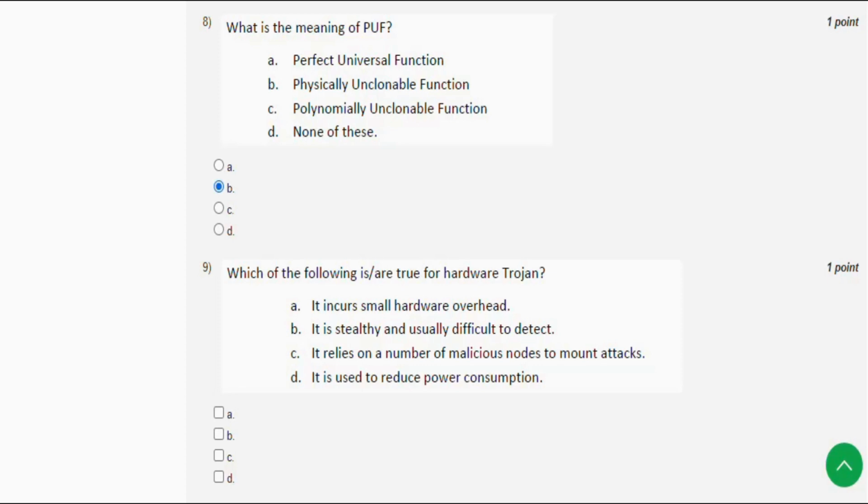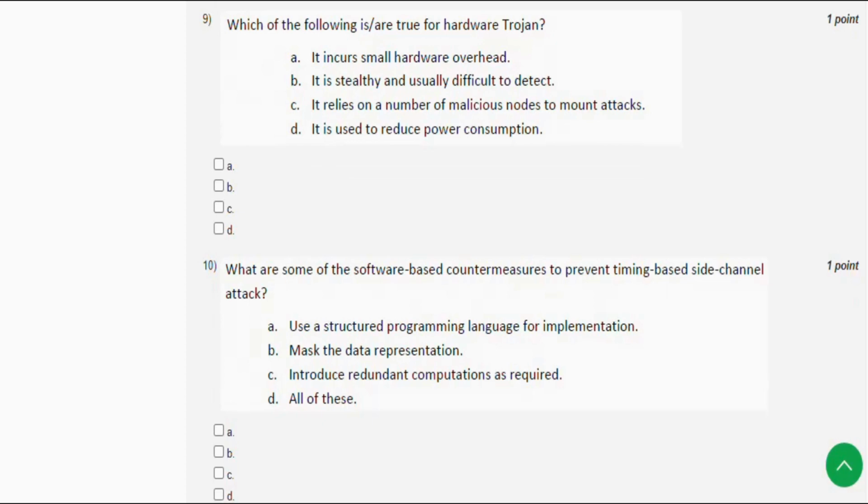Now question number 9. Which of the following is true for hardware trojan? The options are: it incurs small hardware overhead, it is stealthy and usually difficult to detect, it relies on a number of malicious nodes to mount attacks, it is used to reduce power consumption.